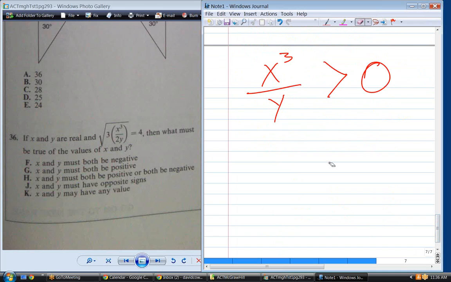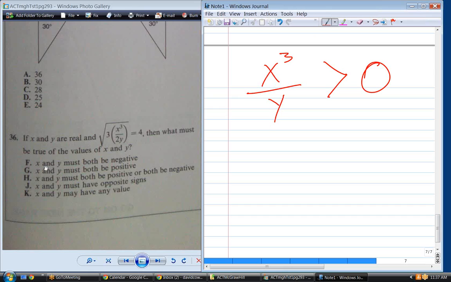Must they both be negative? No. Can they both be negative? Yeah, because one negative and another negative become positive. Yeah, so they can both be negative, but clearly they can both be positive also.